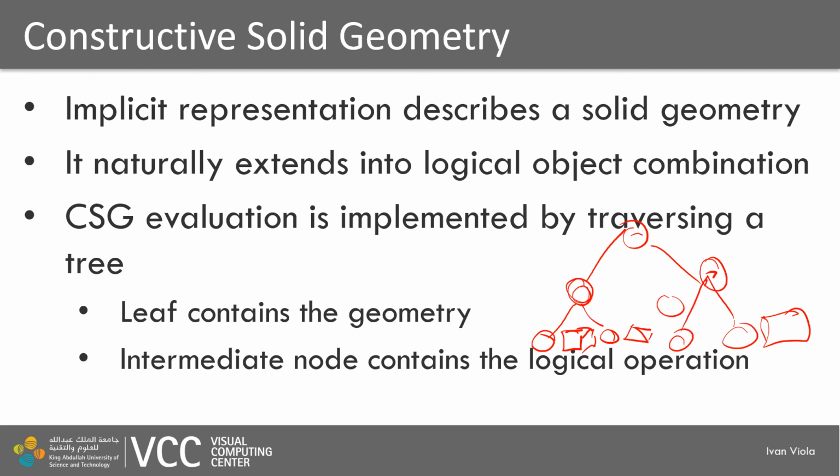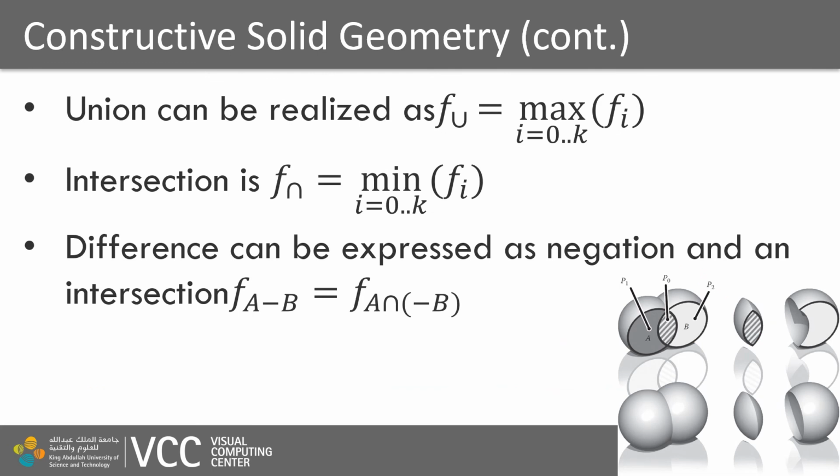So we can have various operators which are binary operators on the geometry. And the same we can do also on the implicit representations, where the leaves will contain the actual geometry and the intermediate nodes contain the logical operations. The logical operation of union can be realized as the max function.